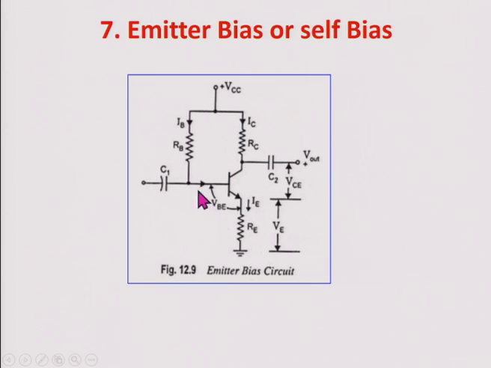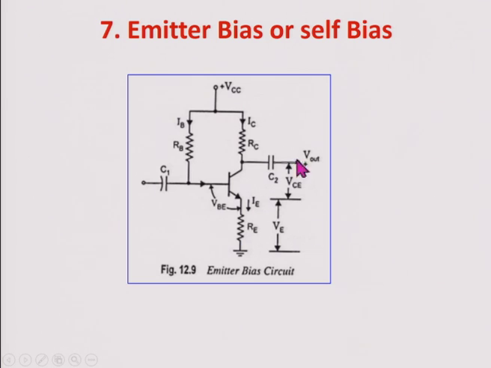After this acts as feedback from base to the emitter, what happens? Actually the collector current is increasing, but by using this negative feedback, there is a voltage drop across RE. This voltage drop across RE will decrease the base current. Once the base current is decreasing, the collector current is also decreasing.